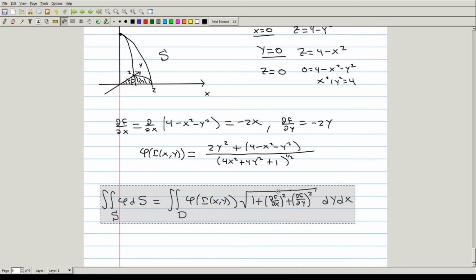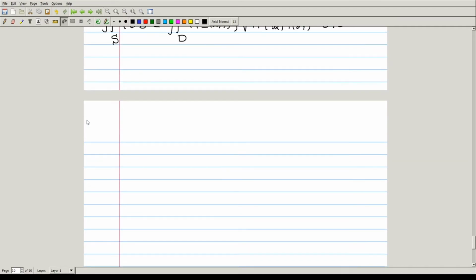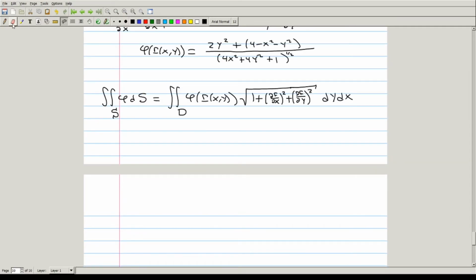So when going through and evaluating our surface integral, this ends up simplifying to the double integral over the domain D of 2y squared plus 4 minus x squared, and simplify that a little bit. 2y squared minus y squared gives us y squared.